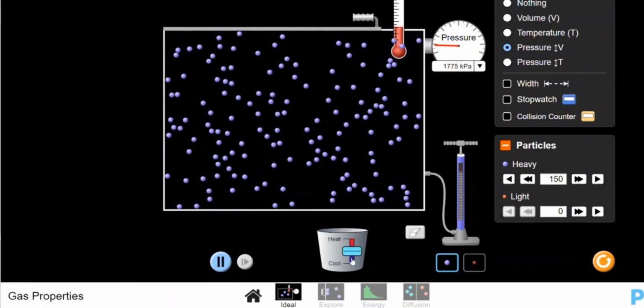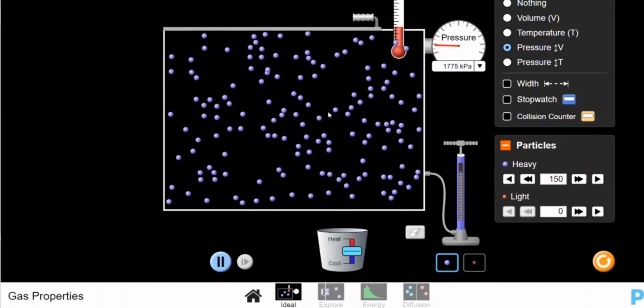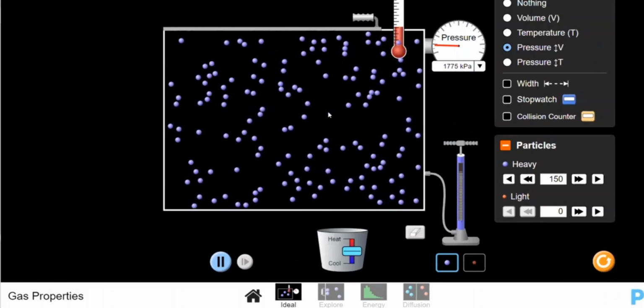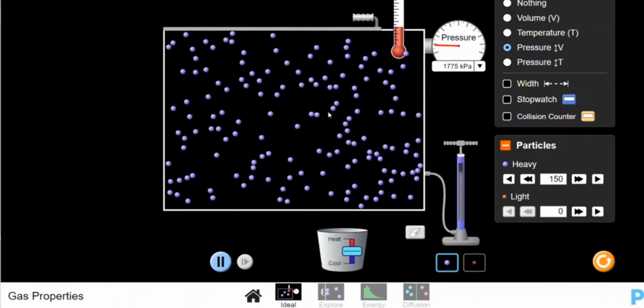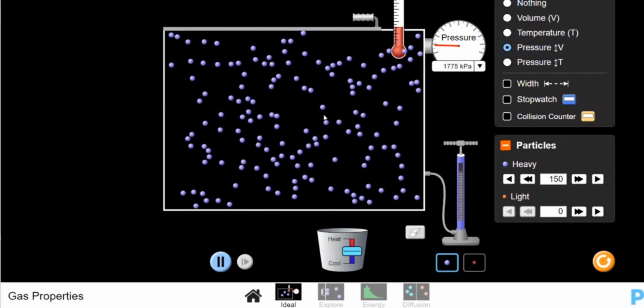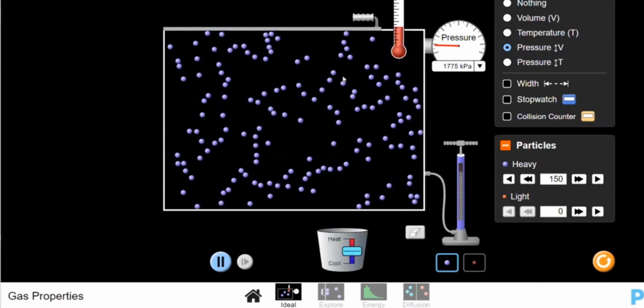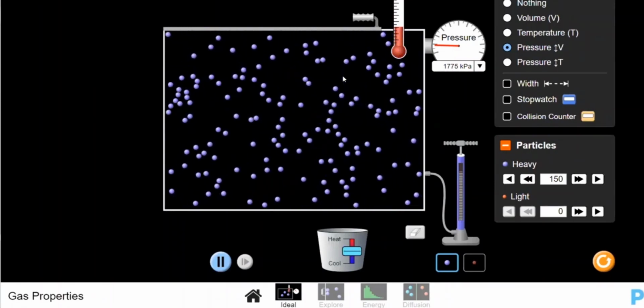And what is internal energy? Internal energy is all of the translational and rotational kinetic energy you see here, right on this screen. Let me say that one more time and then write it down. Internal energy is the sum of all of these particles' translational and rotational kinetic energies.